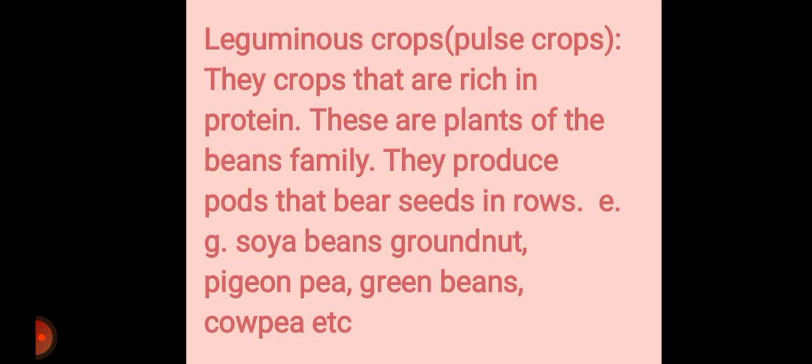You have to open your green beans, your cowpea, kidney beans, a lot of them. All of these are the beans family, and they are very rich in protein. Like the soya bean, we have the groundnuts, we have the pigeon pea, we have the green pea, and cowpea.